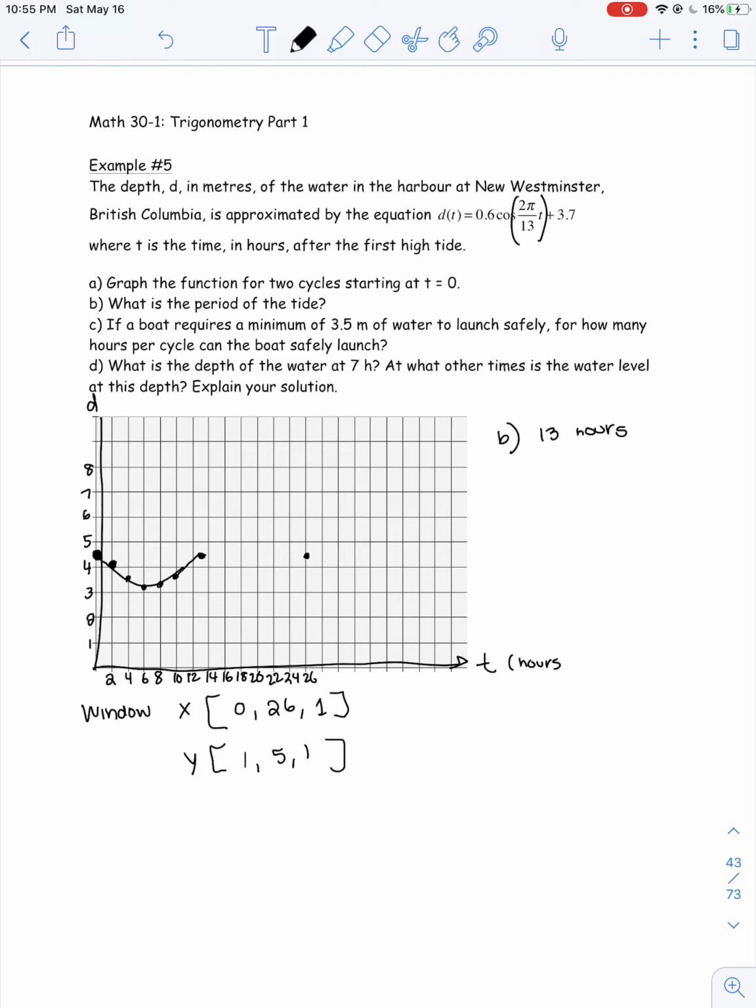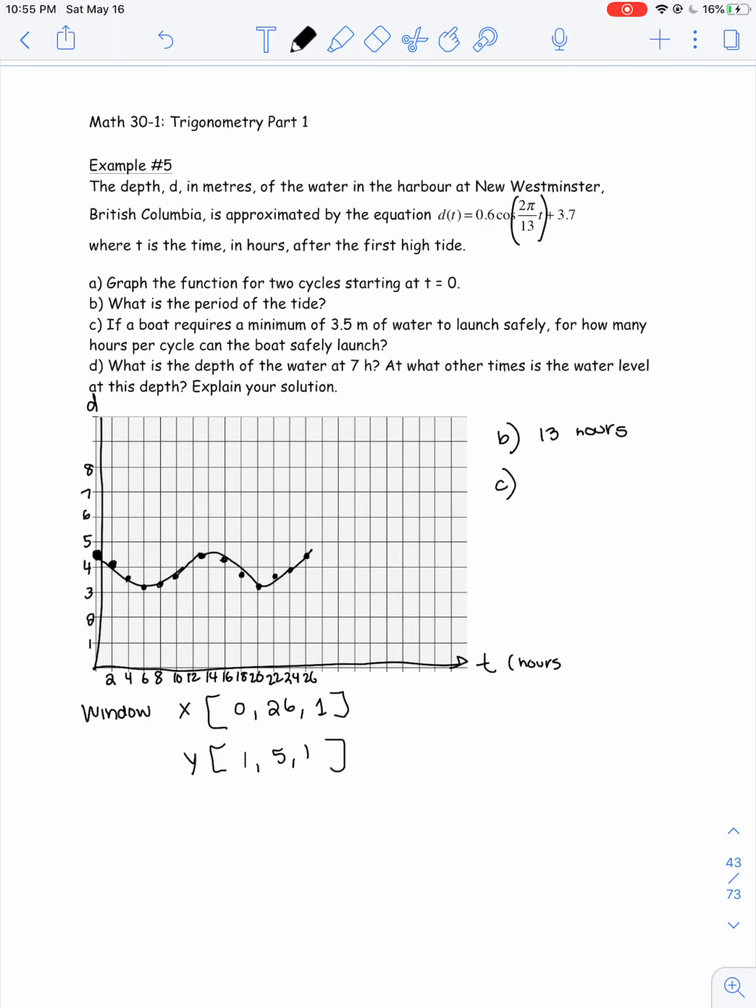Okay, so once you have some points, start connecting them just to get that general shape, and it just repeats itself. Okay, so that's my 2 cycles starting at t equals 0. What is the period of the time? We already determined it's 13 hours.